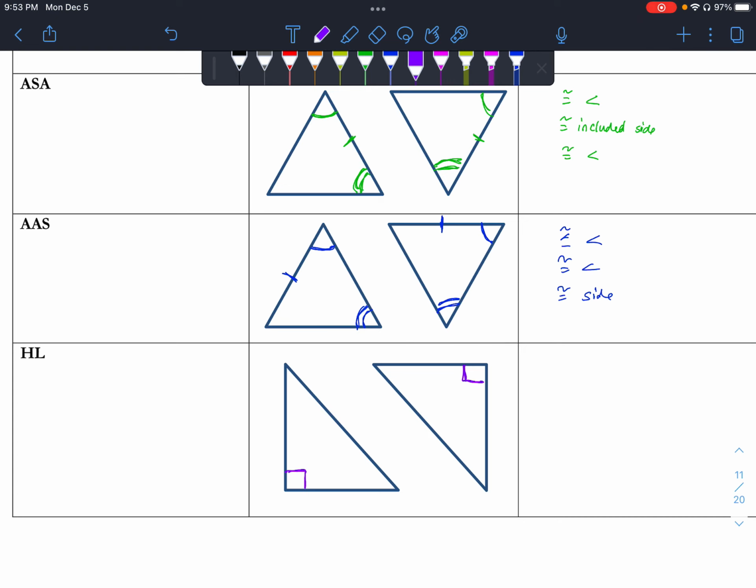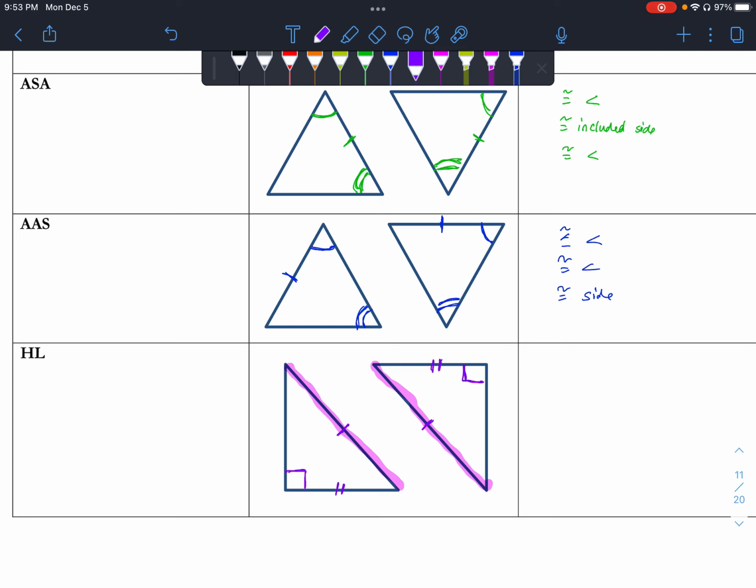From there, what we're looking for is you have to make sure that you have the hypotenuse of one of these triangles and the hypotenuse of the other triangle congruent. Remember, your hypotenuse is the side that is across from the right angle. And then after that, as long as you have the right angle and the hypotenuse congruent, you also just need one other leg or one other side congruent.